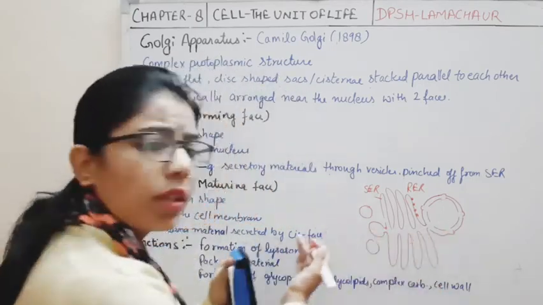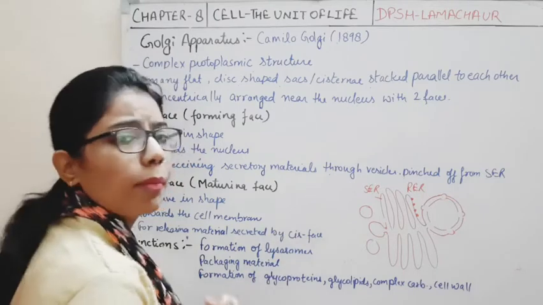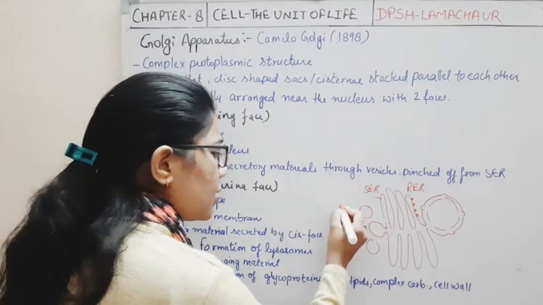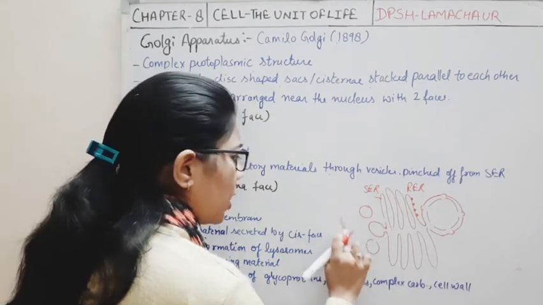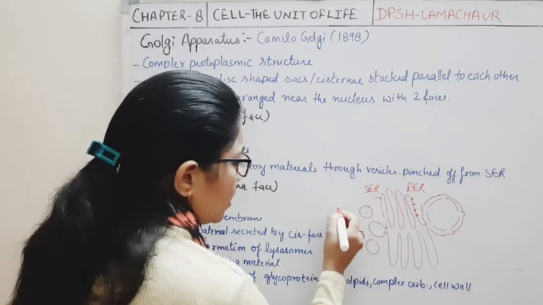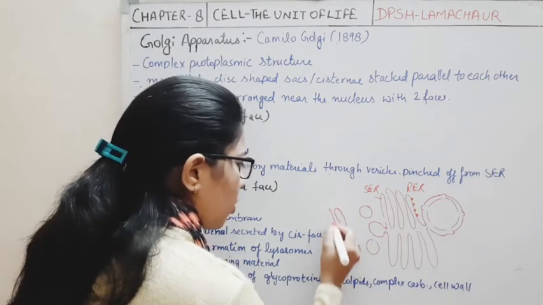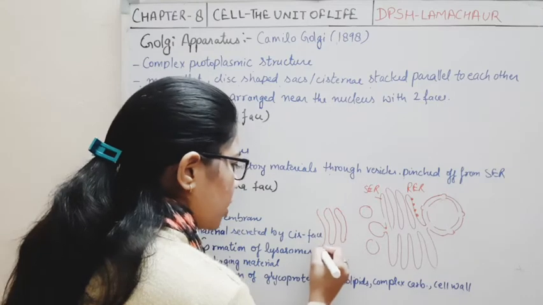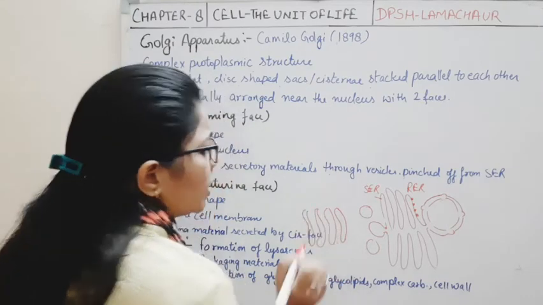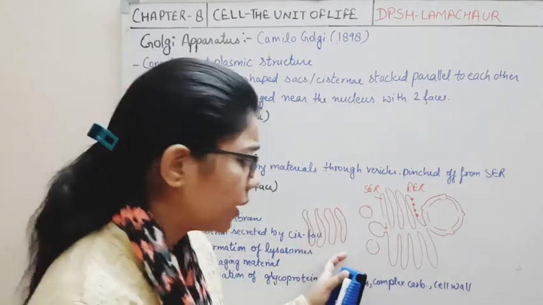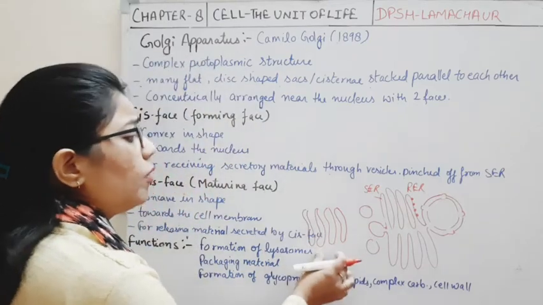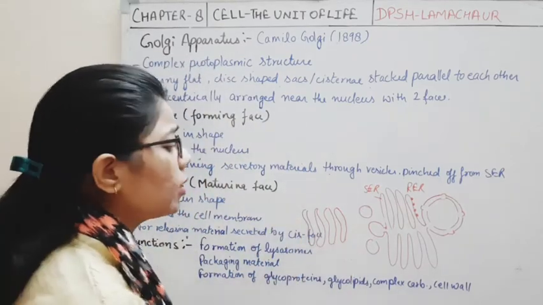Now if we move more towards the membrane, you will see that some more structures are present. These are the Golgi apparatus. Why are we saying Golgi apparatus?